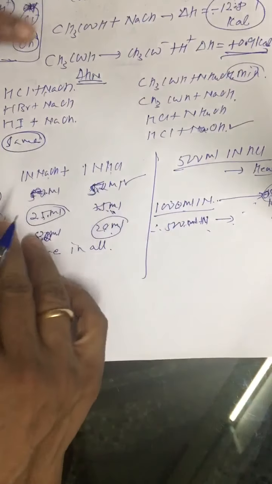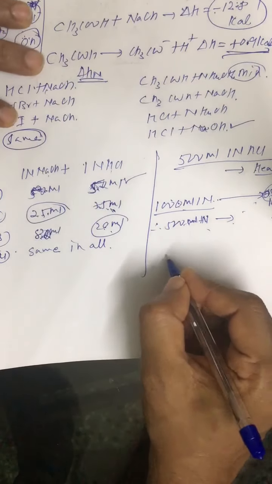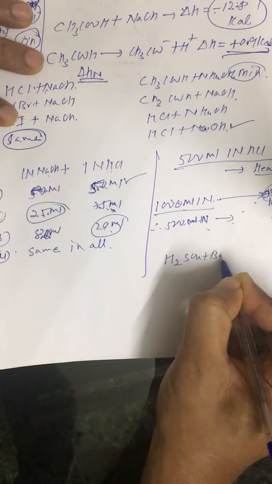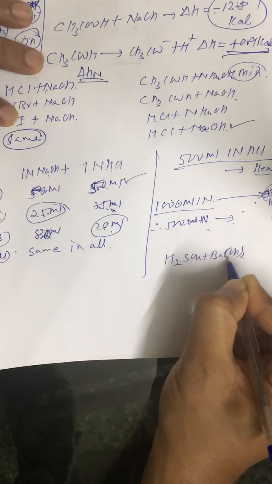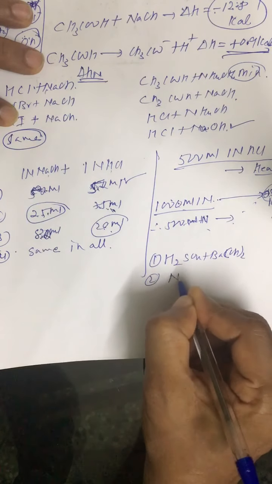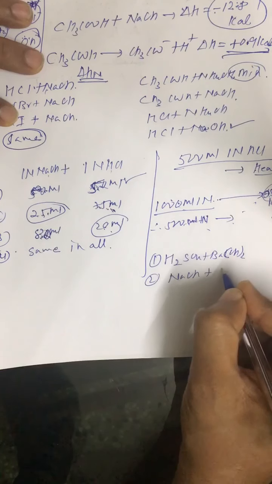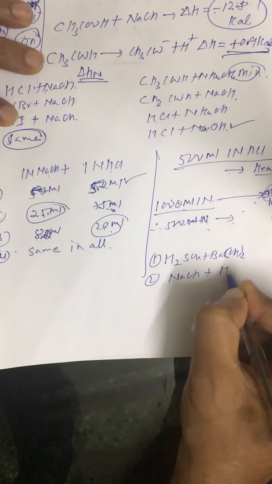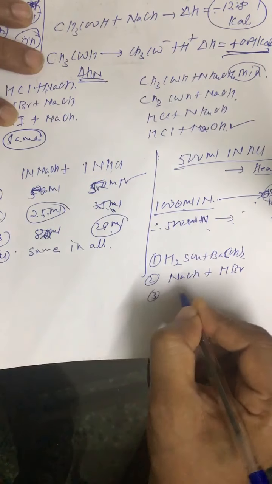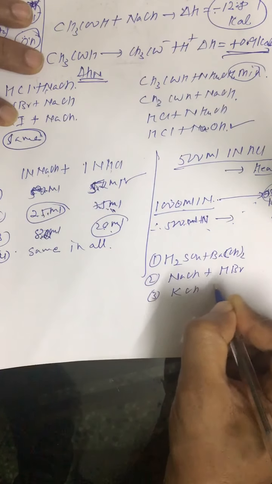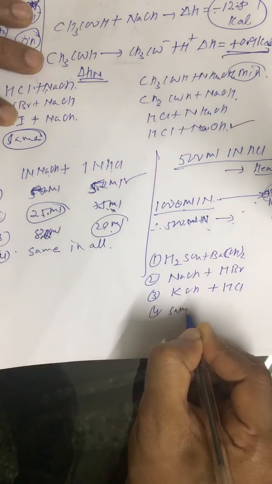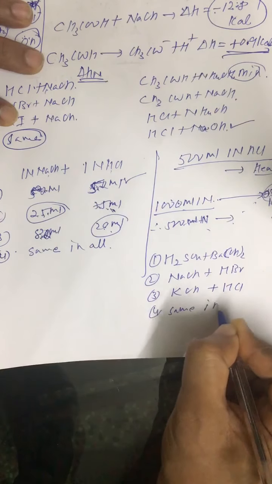And other questions, like suppose we are given H2SO4 plus barium hydroxide as the first option, NaOH plus HBr as the second, and KOH plus HCl as the third. The fourth option is same in all the cases.